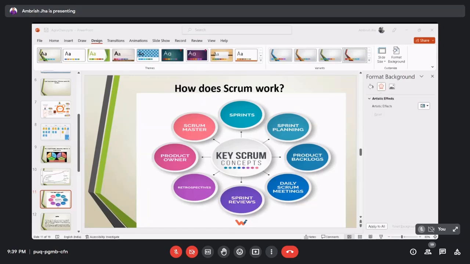Now coming to the next problem. Whenever we are working in a team, we need some sort of communication to do our job every day. For that also we have different methodologies and different styles of working.